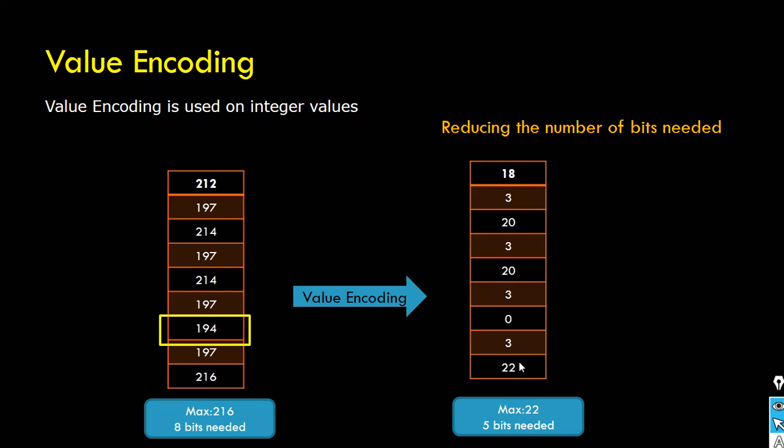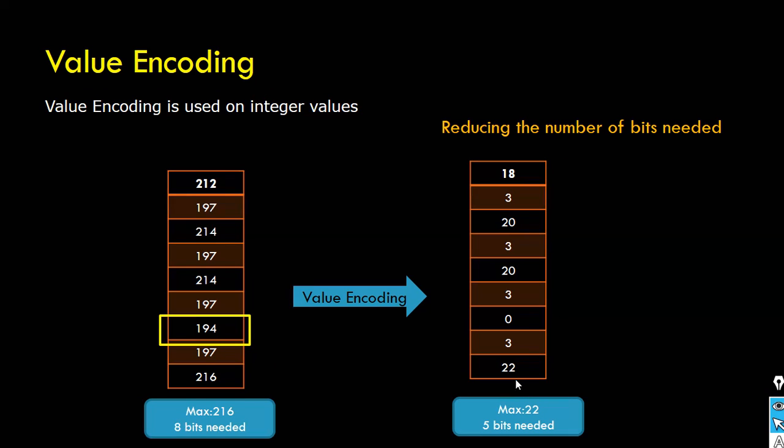In this case, storing numbers up to 22 requires fewer bits than storing numbers up to 216. While 3 bits might seem a very small saving, when you multiply this for a few billion records, it is easy to see that the difference can be an important one.